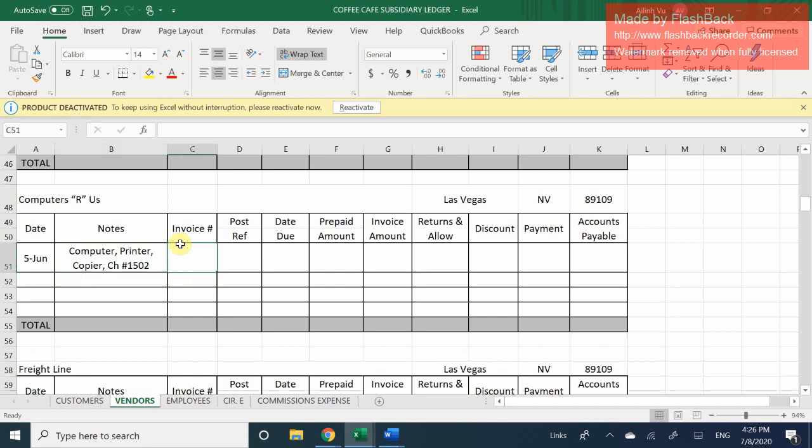No invoice number; usually with sales receipts you should have a number or some kind of itinerary number, and you could put that in there, but in this case, I did not have one, so I don't need one. Do I have a post reference? Yes, it's going to be the journal that I posted it to, which is your general journal number 1. Is there a due date? No, because this was an in-store purchase.